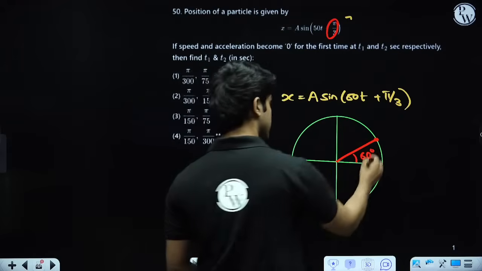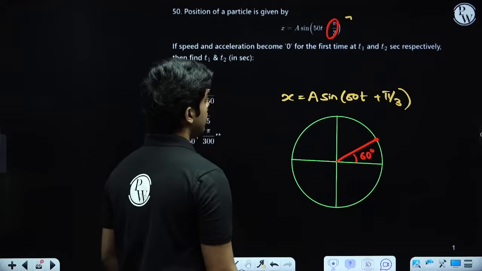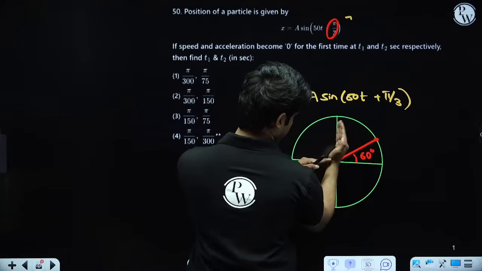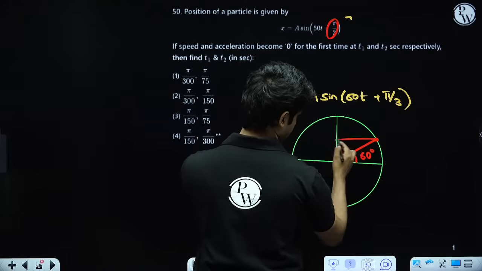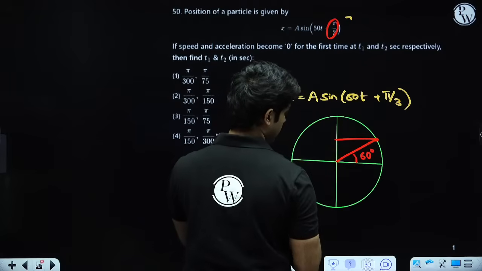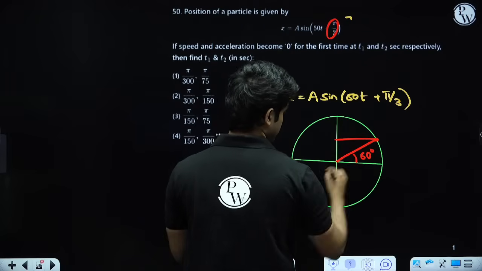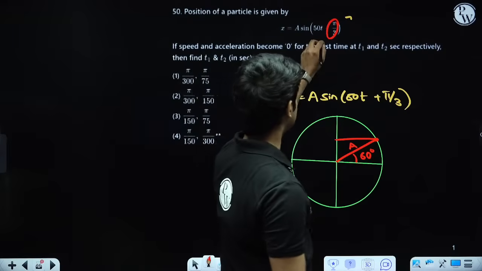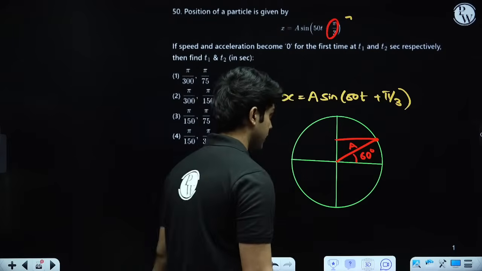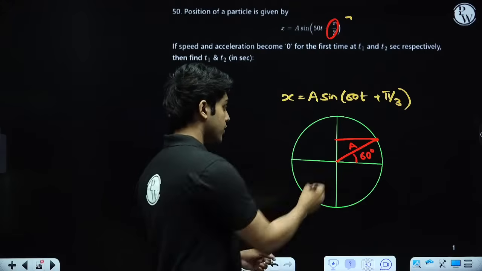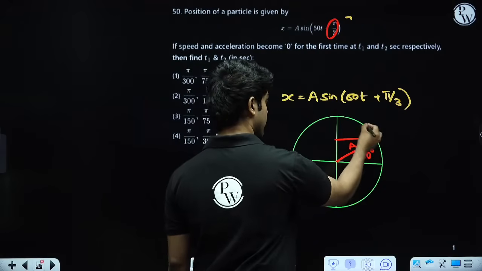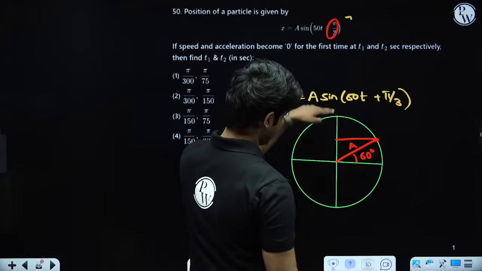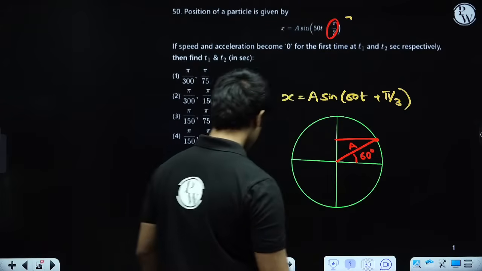Okay, so this is the initial value. This is where the particle is on the circle. And if I find its vertical projection, which means its vertical component, it will be a sine 60. So if you put t equal to 0, it will be a sine 60, exactly the same. So for SHM, you can think of this particle moving along the circle the same as an SHM happening along the y-axis. Okay.